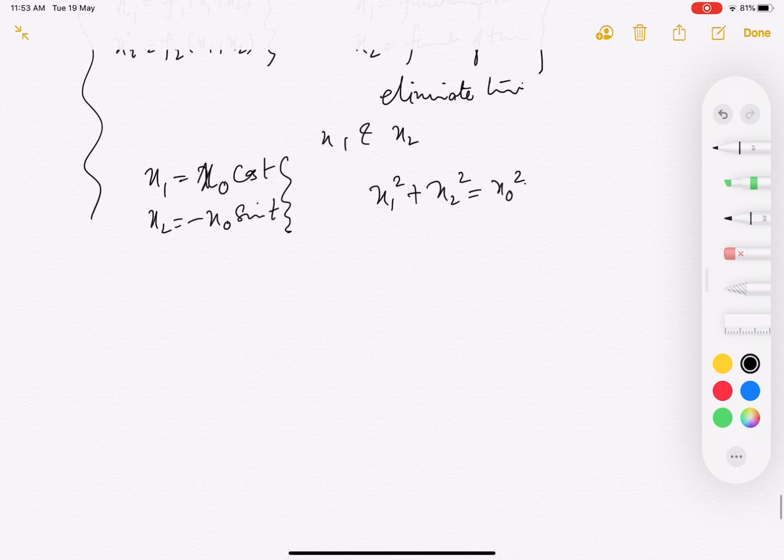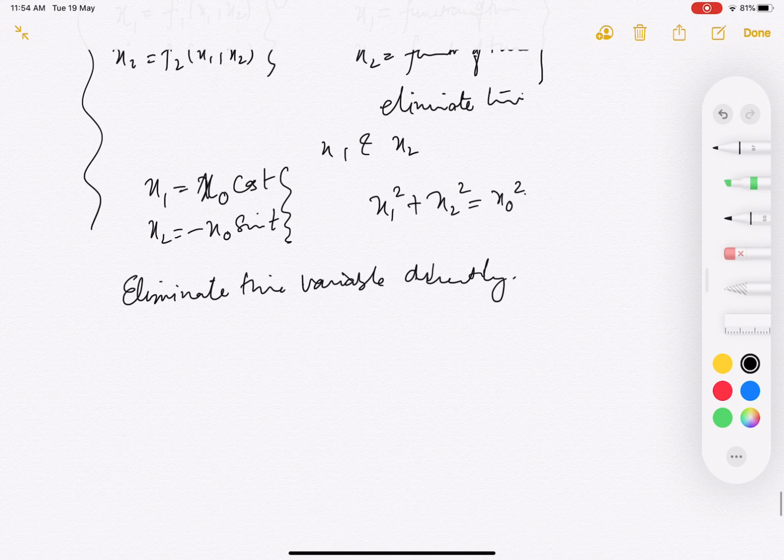The other way of doing it analytically is to straight away integrate and solve the equation directly. Now, how is that done? Say again, so this is the second way, eliminate the time variable directly. How is that done?